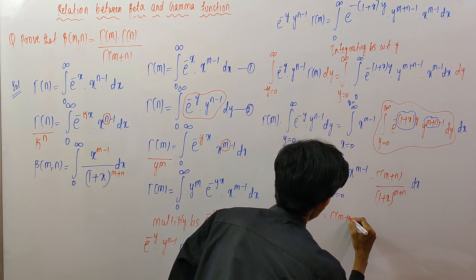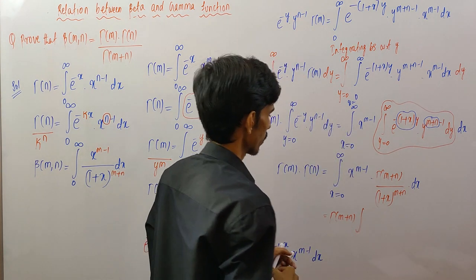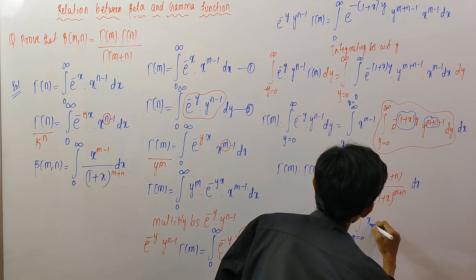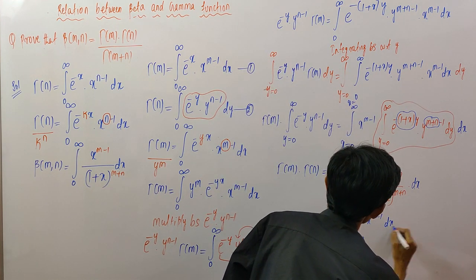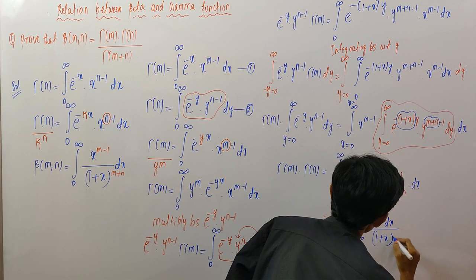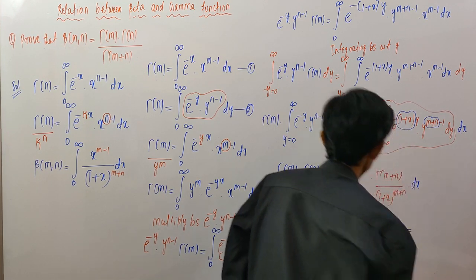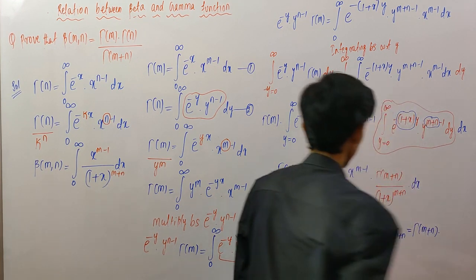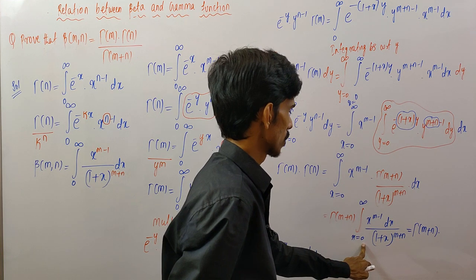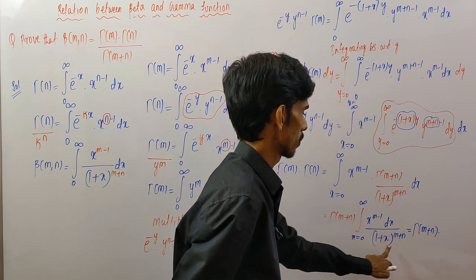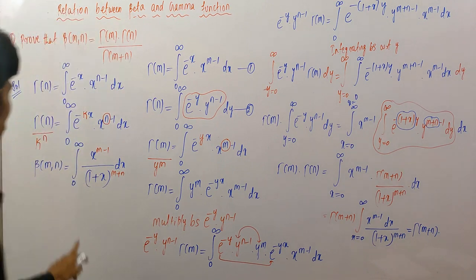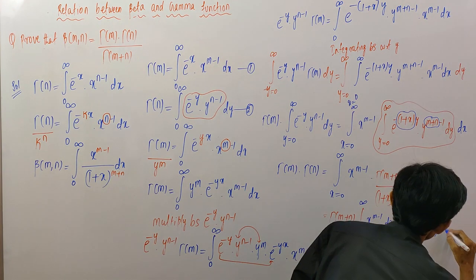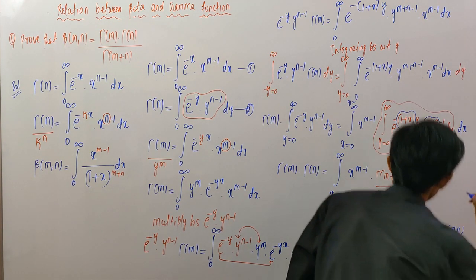Now we have integration x equal to 0 to infinite x power of m minus 1 dx divided by (1 plus x) power of m plus n, that is equals to gamma of m plus n into integration 0 to infinite x power of m minus 1 dx by (1 plus x) whole power of m plus n. This value is beta of m comma n. So this complete term can be replaced by beta of m comma n.